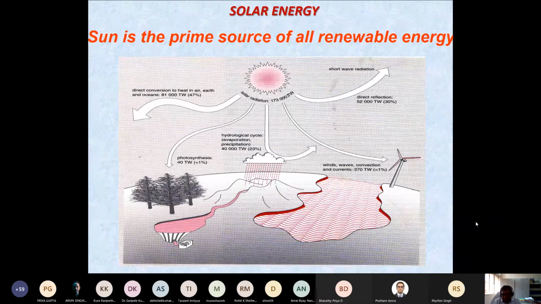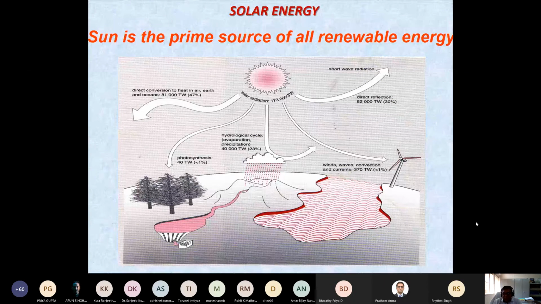And one more thing related to solar energy: in the very beginning, you have to decide in what form you want energy. Take hydro, for example. Hydro is always converted into electricity first. Then, suppose you need thermal energy, after generating electricity, the electricity can be converted to thermal energy.